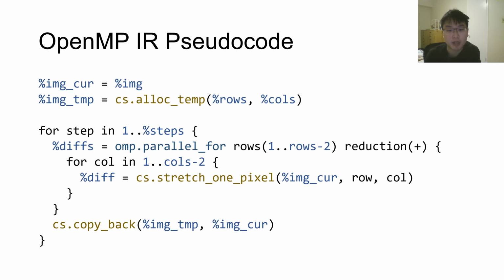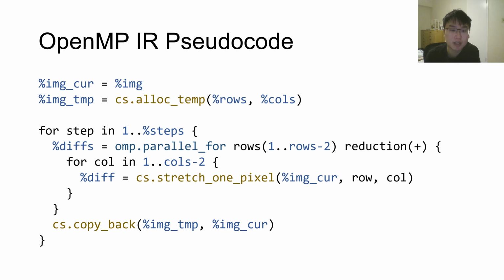In my MLIR style IR, I capture the structure with just two high-level operations per step. First, there is an omp.parallel_for operation that represents the entire parallel processing of interior pixels. And second, there is a cs.copyback, or contrast stretching copyback, operation that performs the sequential copy from the temporary image back into the image.